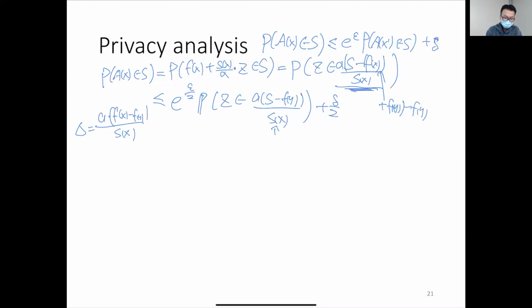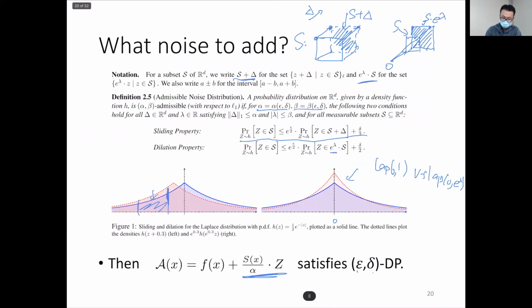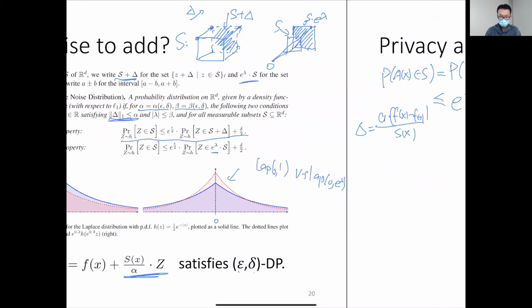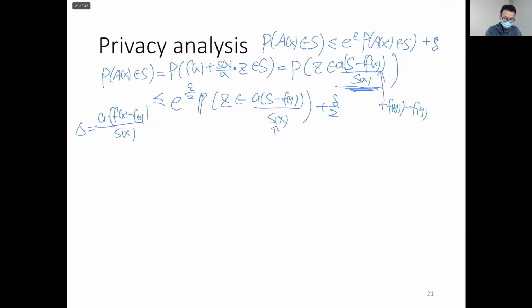Okay, so how large is the translation? We know that the sliding property is applied to all such delta such that delta's one norm is smaller than alpha. So we can take the one norm here, and this is equal to alpha times the one norm of f(x) minus f(y) over S(x). But what is this?